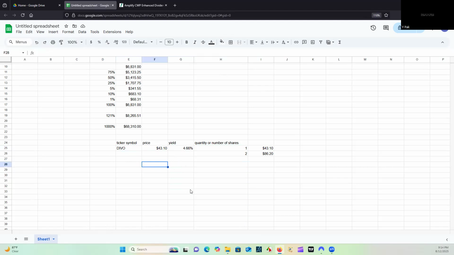So let's say you bought 100 shares. That's just 100 times the price, so let's say you spent $4,310 to buy 100 shares. To get the yield, how much they're going to pay you every year is 4.66% of the money it's worth. Right now it's worth $4,310.